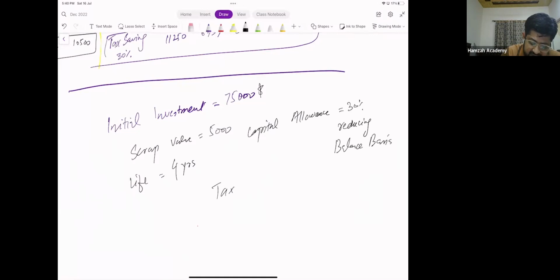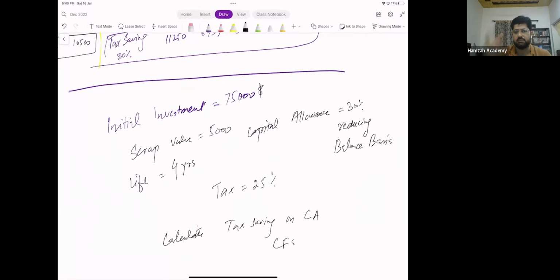Yes, tax rate is 25%. Calculate tax saving on capital allowance, cash flows. Be quick, everyone.